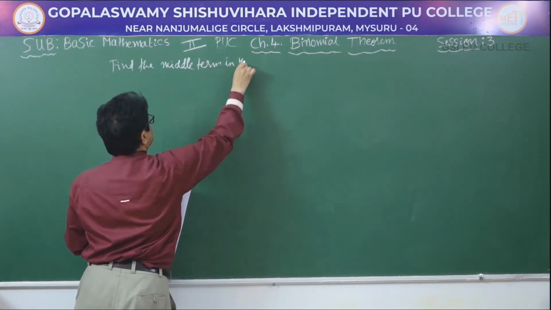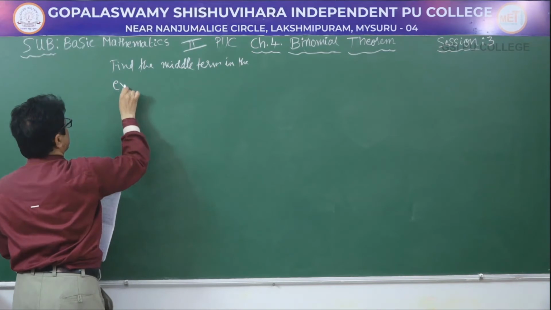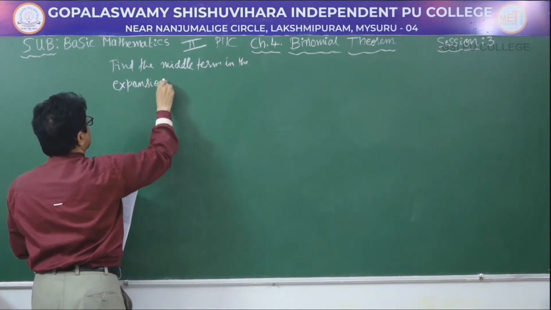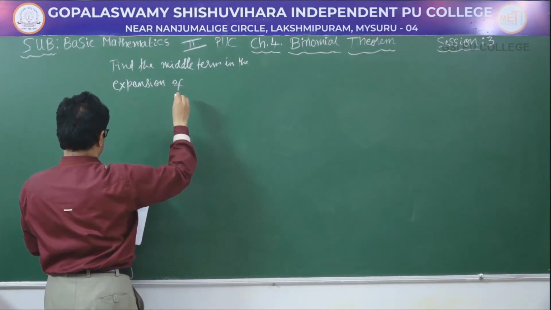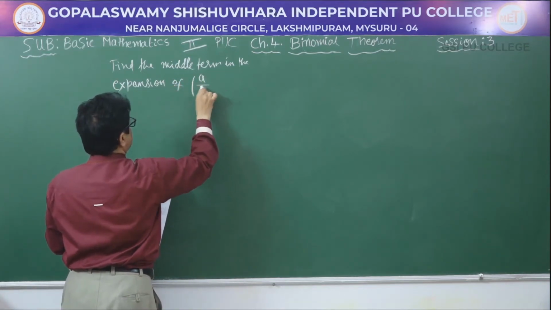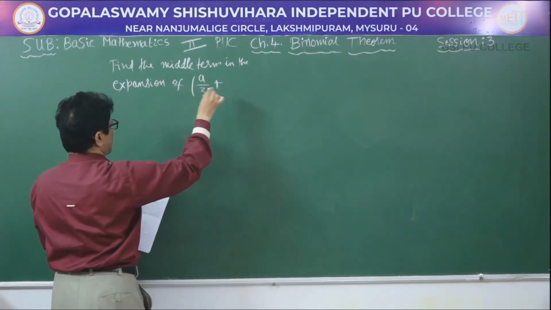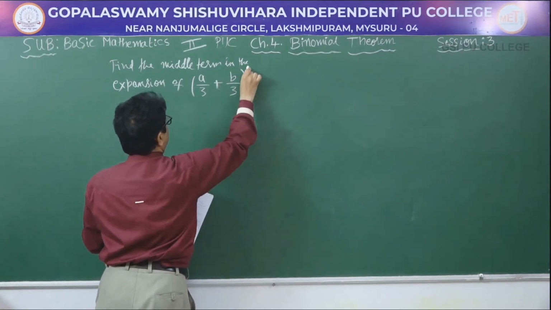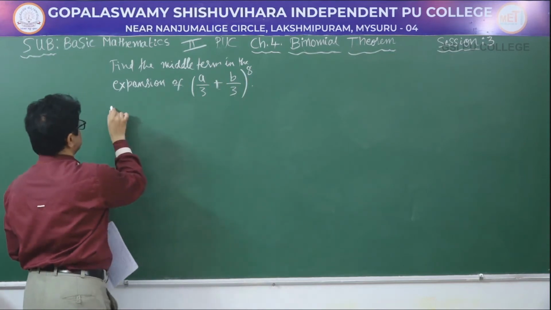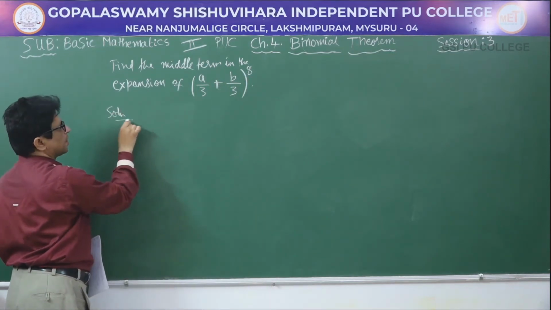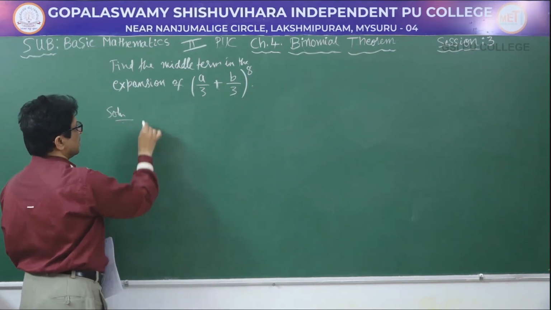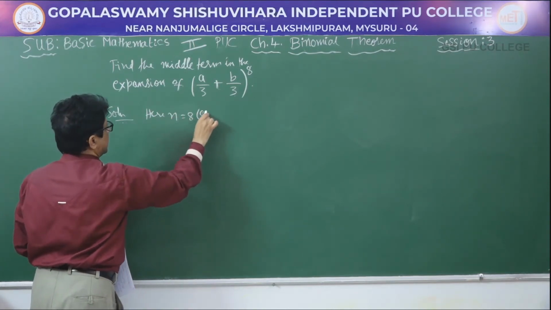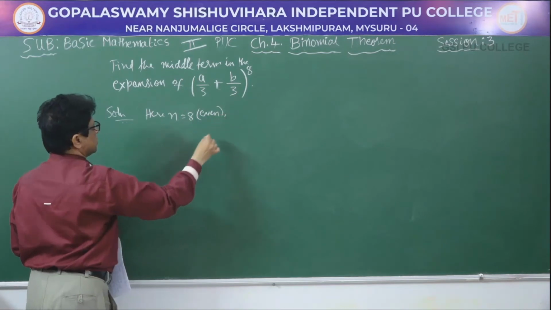Find the middle term in the expansion of (a/3 + b/3)^8. Here n equals 8, that is even.